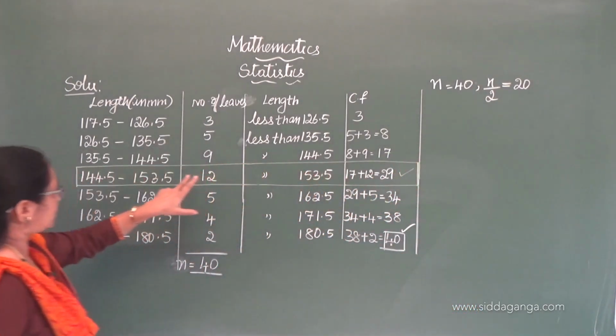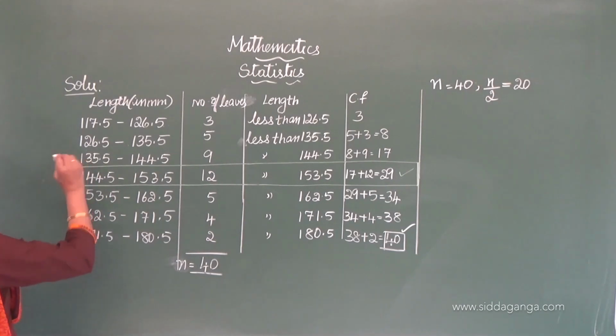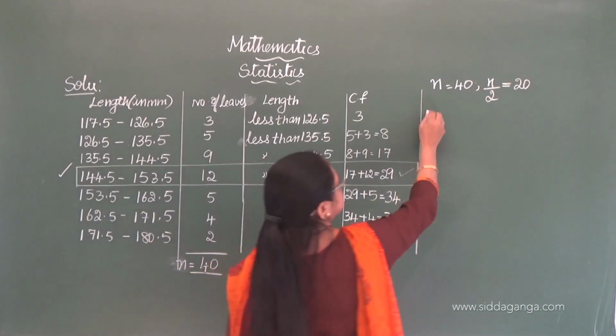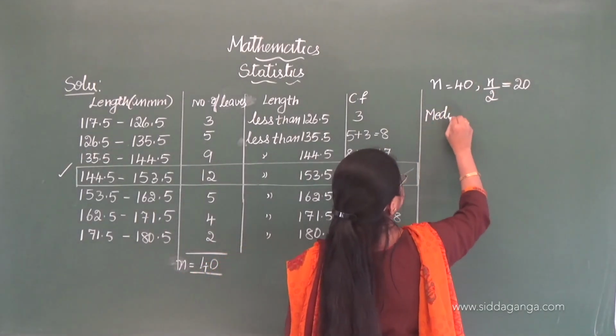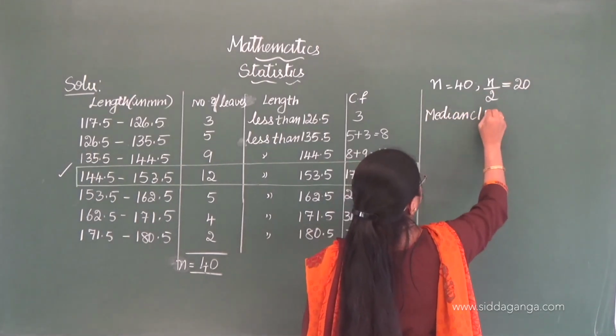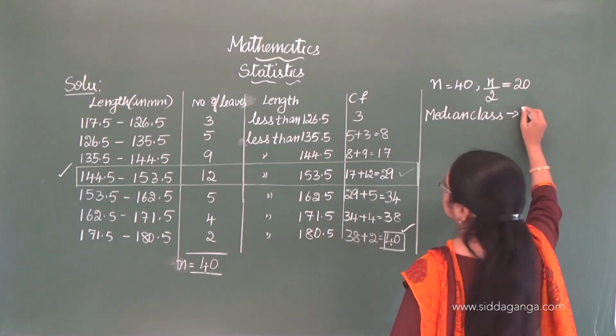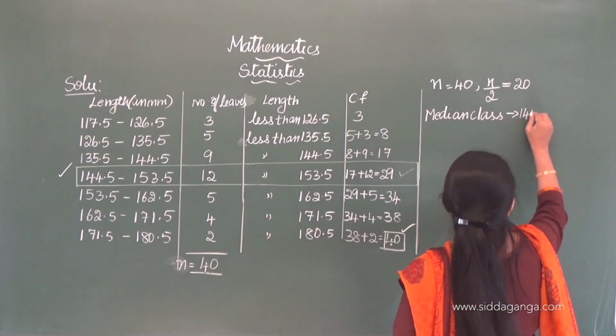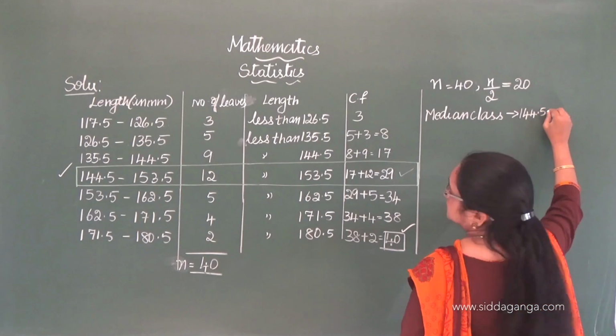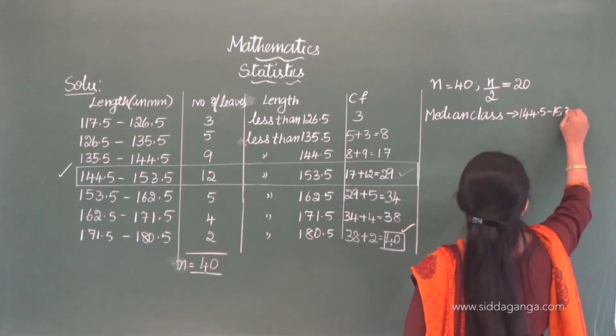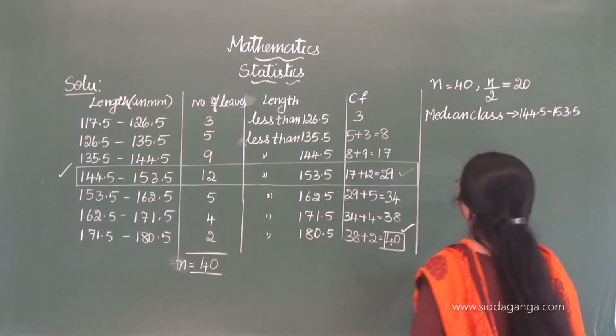So, you mark this column. So, this is the median class. So, median class is 144.5 to 153.5.